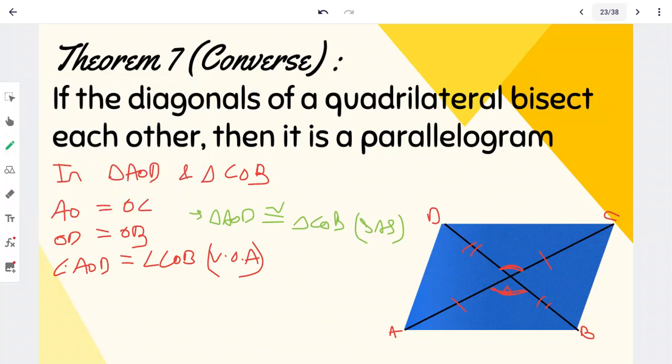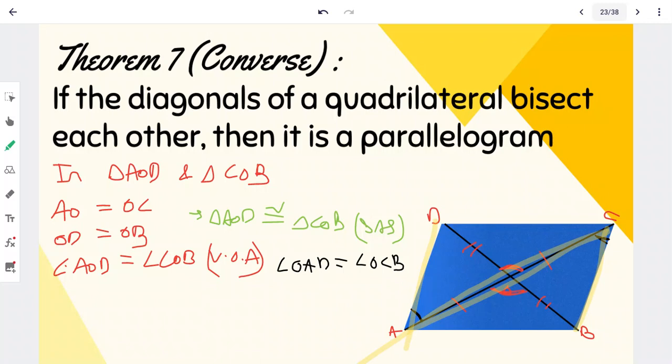Now, with that congruency, can I say that angle OAD is equal to angle OCB? OAD and OCB are equal. Now look carefully. Let me take a highlighter and explain. This line AC is intersecting AD and BC.